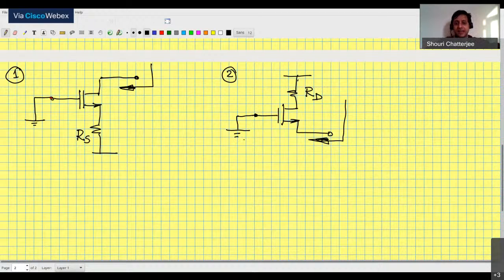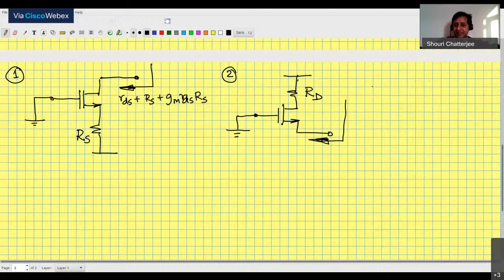All right, and then you have to find the impedance, and this formula is given. This one formula is RDS plus RS plus GM RS RDS, or however you want to put it.